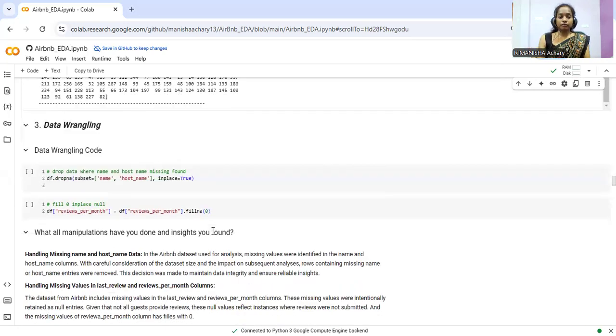First, I have dropped all the rows which contain null values in the name and host name columns. Next, for the reviews per month column, if that column has a null value, then I replace the null value with zero.